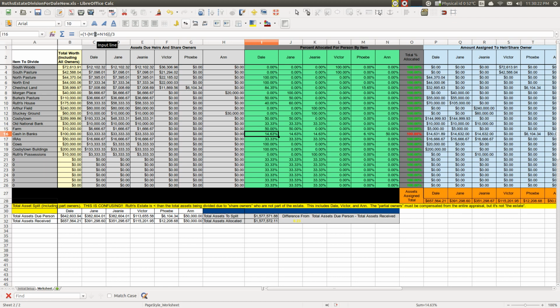We got M16, which is Phoebe's share, divided by, or minus, N16, which is what we're taking out for Ann, divided by 3, because that's got to be divided 3 ways between you, Jeannie, and that's the amount of cash you got.